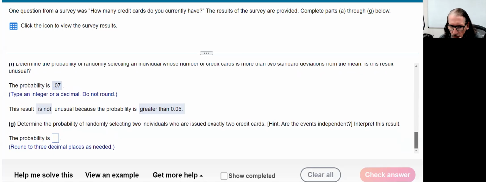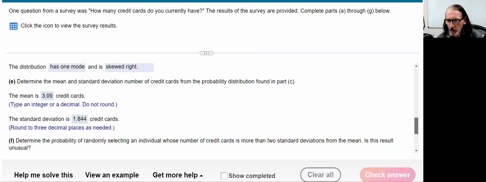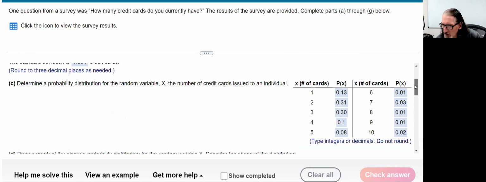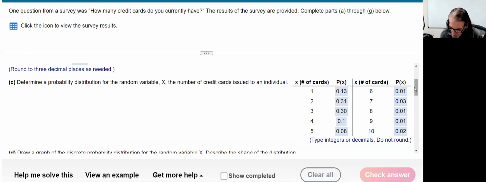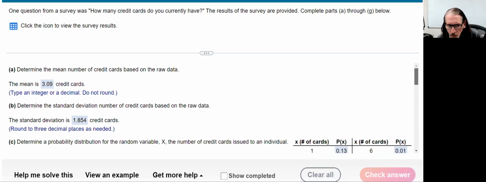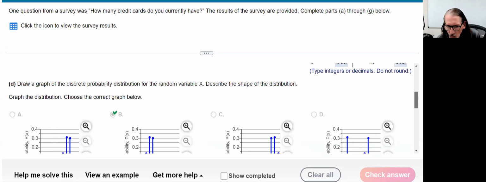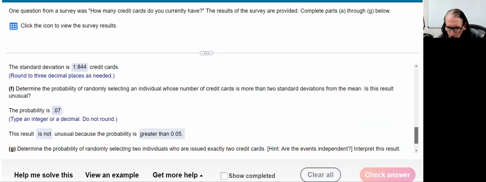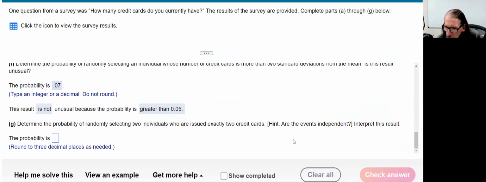So first off, exactly two credit cards for an individual, that was 0.31. Because the survey was conducted, I'm assuming randomly, then that should point towards independence.